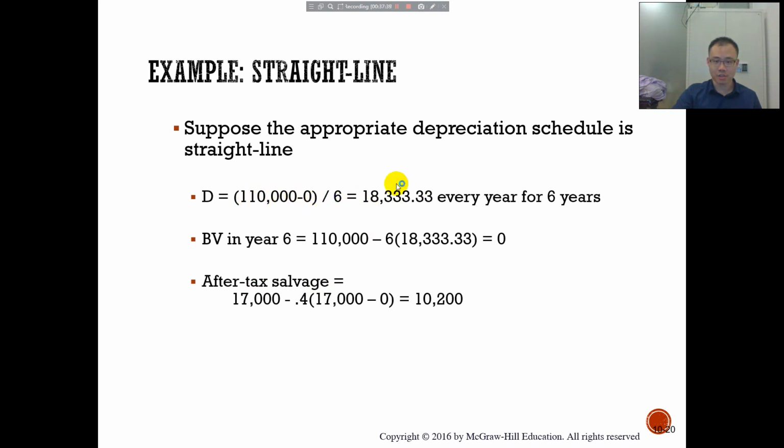So the depreciation is 18,333 every year for 6 years. And the book value is 0. For the after-tax salvage, assuming that you have sold this for $17,000, and assuming that the marginal tax rate is 40%, which is pretty high, your after-tax salvage value should be $10,200.